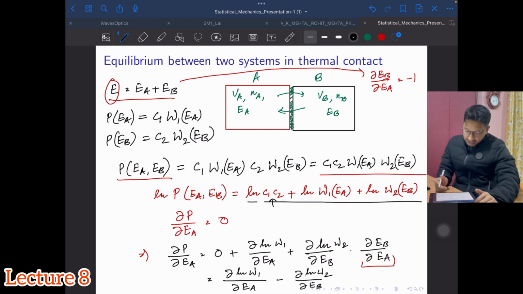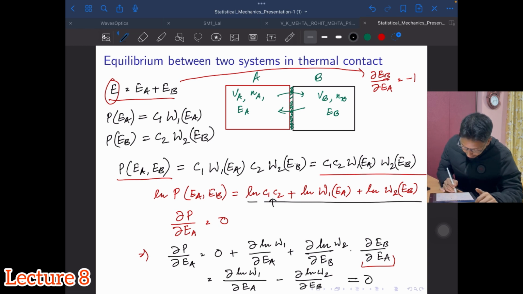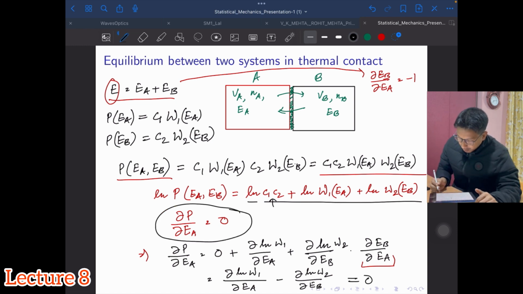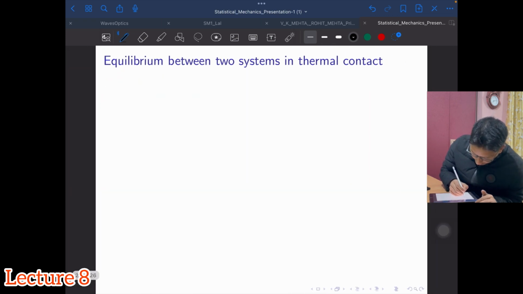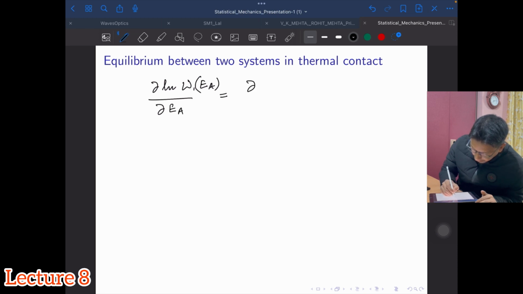Now this expression I have to equate to 0 as I have done here. So this is 0, and in that case I will get del ln W1 by del EA will be equal to del ln W2 by del EB.